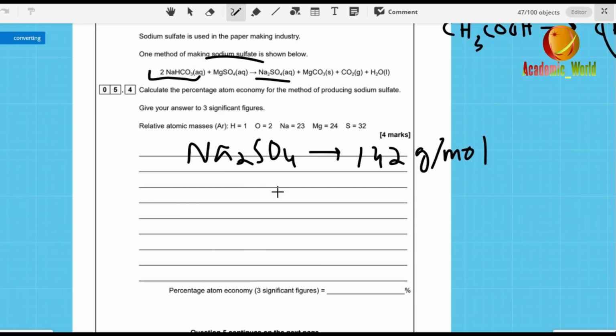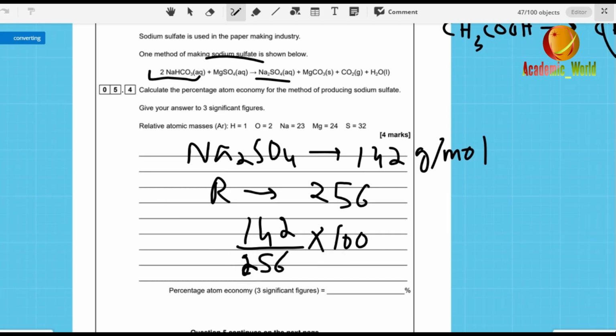So I think it's equal to 200, and all reactants will equal 256. Okay, and now you know that the percentage atom economy is the desired mass divided by the total mass of the reactants, and it is a percentage, so times by 100. So that is equal to 55.5%.